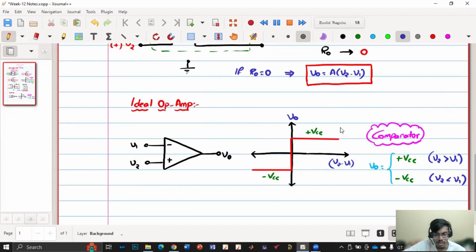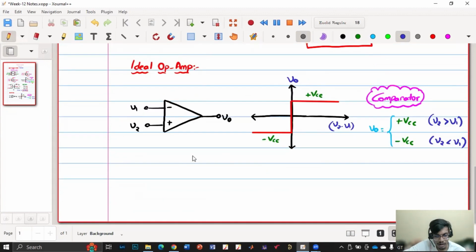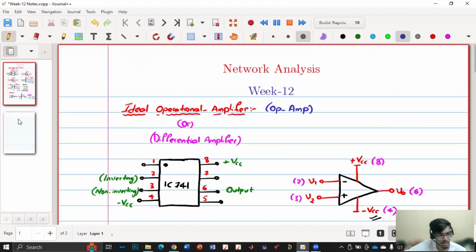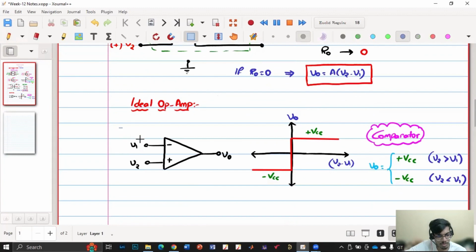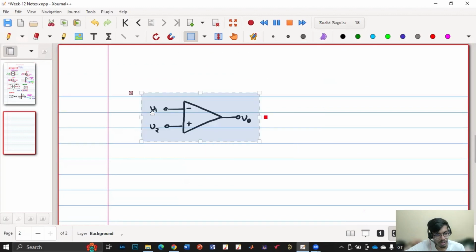Now one quick example, let me consider this ideal op amp only. Let me copy paste it here.